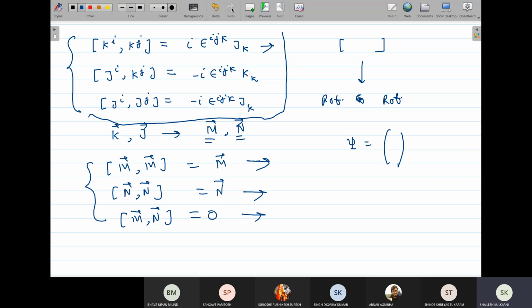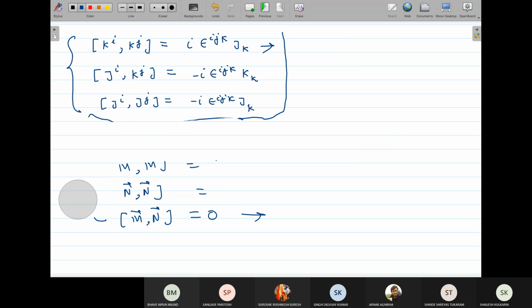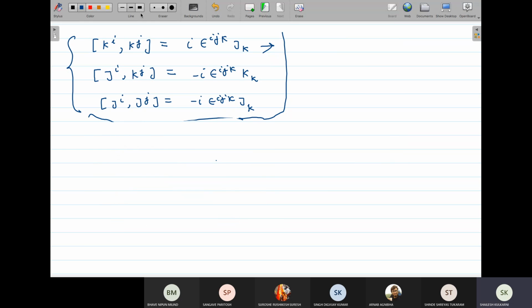Because if you study rotation, then you will come to know all the properties of your state space. So consider just rotation, Jz and so on, and forget about the Lorentz transformation.